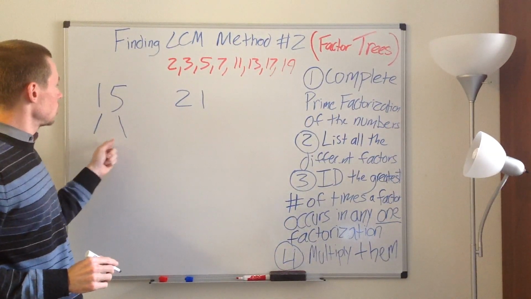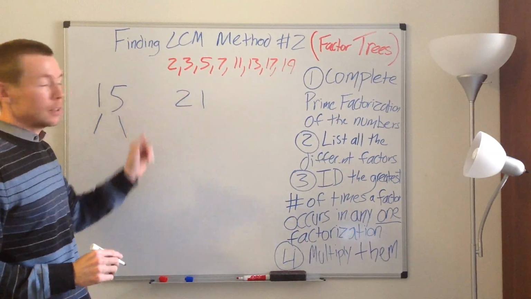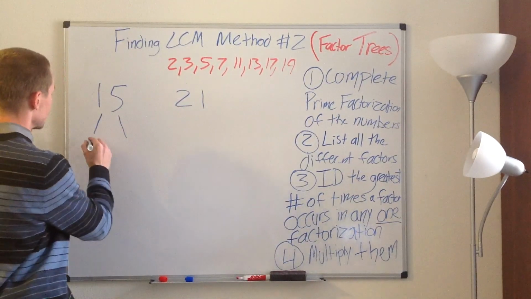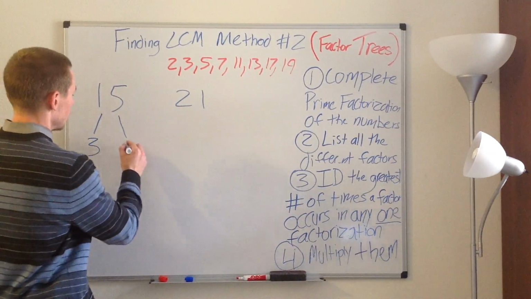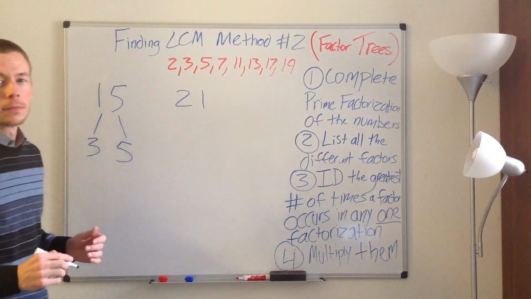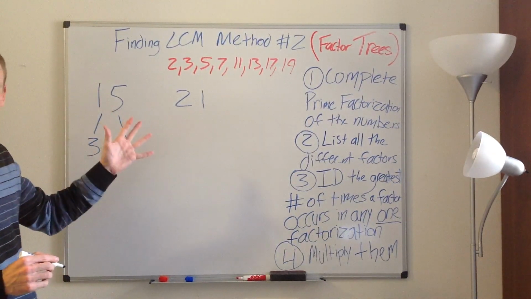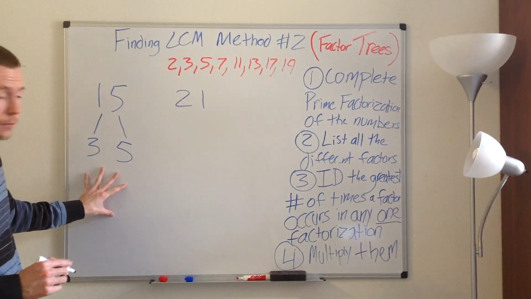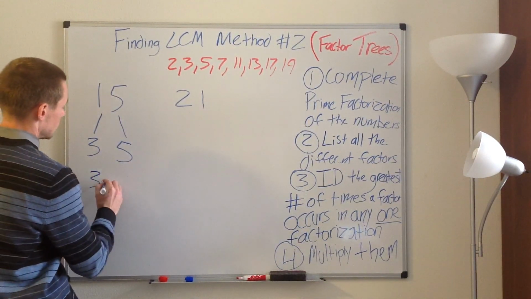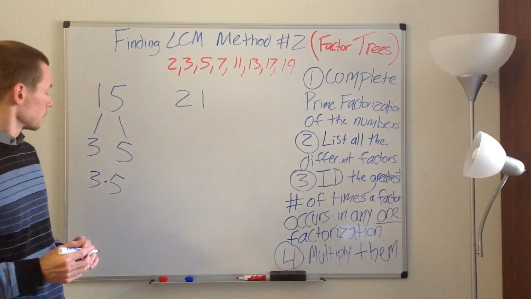Does it go into 15? Nope. What about 3? Does 3 divide evenly into 15? Yes, it does. So what is 3 times what gets us 15? That's 5. And are 3 and 5 prime? Yes, they are. So we are finished with our prime factorization of 15, and it is the product 3 times 5.